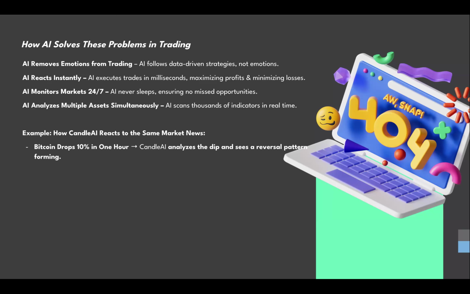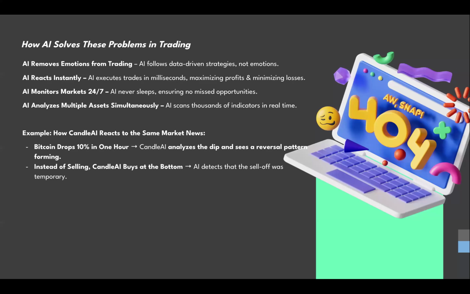Just an example, going back to the manual trader that we cited. Let's say Bitcoin drops 10% in 1 hour. Then, for example, Candle AI will analyze the dip and see a reversal pattern probably forming in the market, and it knows that it should not sell. So instead of selling, Candle AI will buy at the bottom and sell off when the dip is temporary.